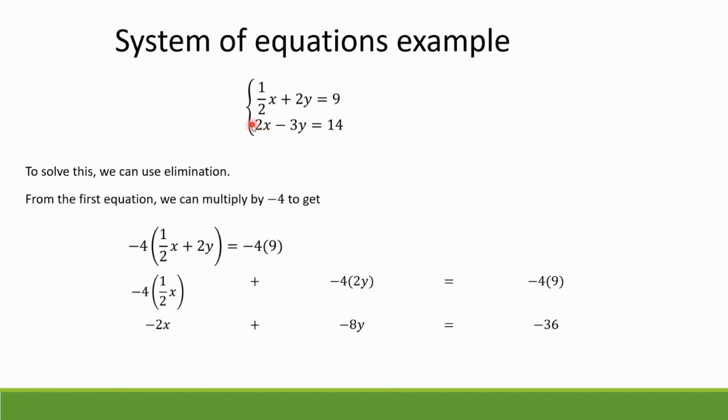So here, as you can see, I multiplied both sides by -4. We distribute, and what we end up getting is -4 times 1/2 times x plus -4 times 2y equals -4 times 9.